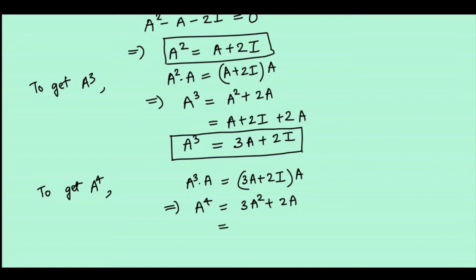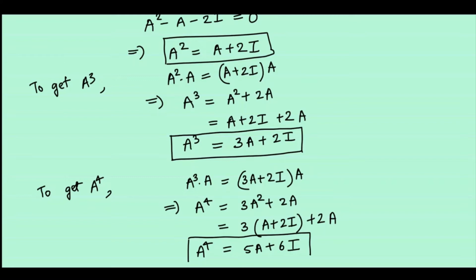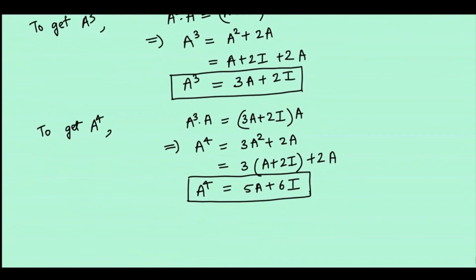Again we can substitute for A square. So we will get 3 times A plus 2I plus 2A. Now this is 5A plus 6I. So in this way we will get A power 4 also. So we need not do multiplication to compute A power 4. We can simply do 5A plus 6I.